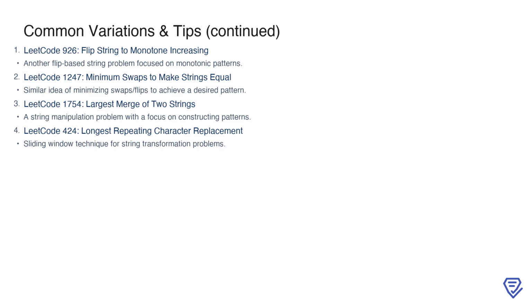Problem 1754, Largest Merge of Two Strings, emphasizes constructing patterns through string manipulation, while problem 424, Longest Repeating Character Replacement, applies a sliding window technique to optimize string transformations. Studying these problems will broaden your perspective on how these techniques can be applied.